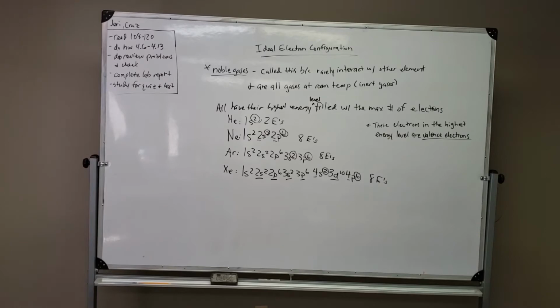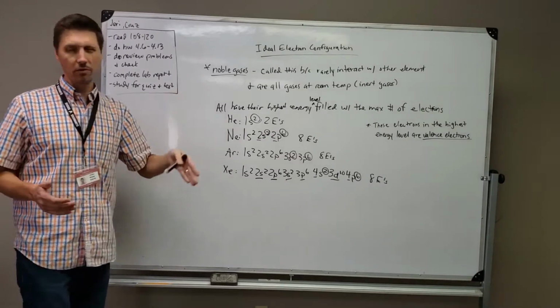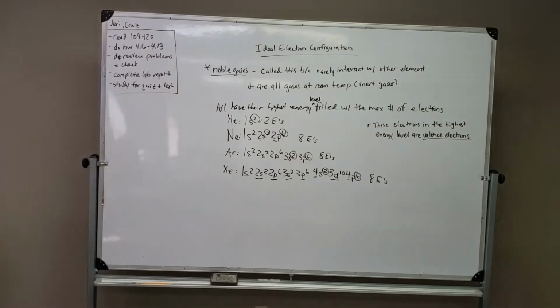And so for the noble gases, with the exception of helium, the number of valence electrons will always be 8.